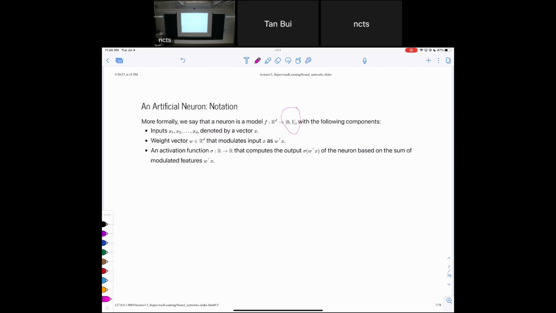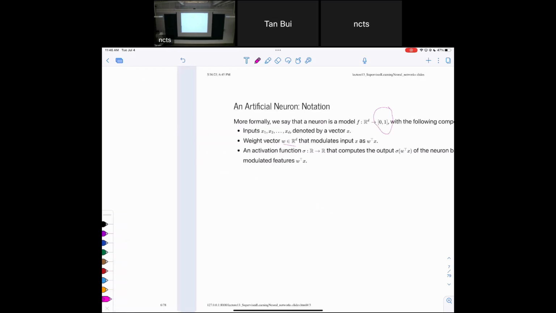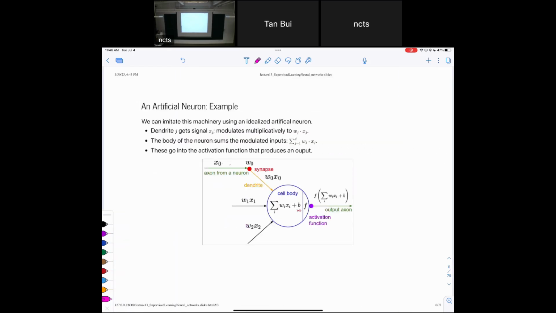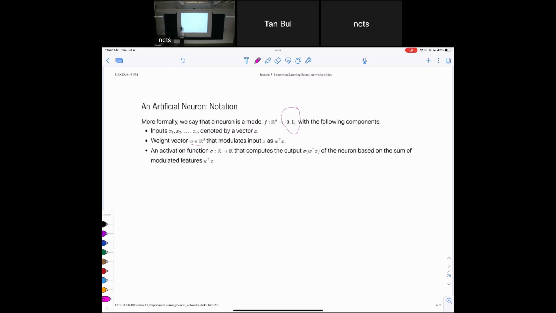Weights also belong to the same dimension. It must be the same dimension as the input vectors. The activation function, typically we don't write f. Traditionally we call the activation sigma. Notice that it is taken from real to real, so it's a scalar function. Take a scalar and return a scalar.